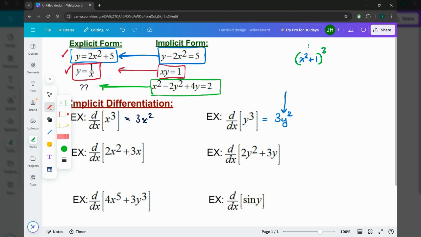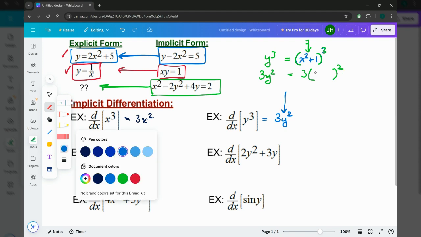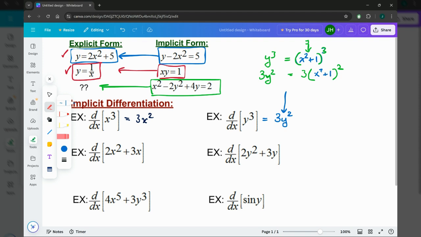So think of this as being your y. So this is basically y cubed. What's the derivative of y cubed? Well, it's 3y squared. You bring the 3 out front, and you take that function, x squared plus 1, and you raise it to the second power now.